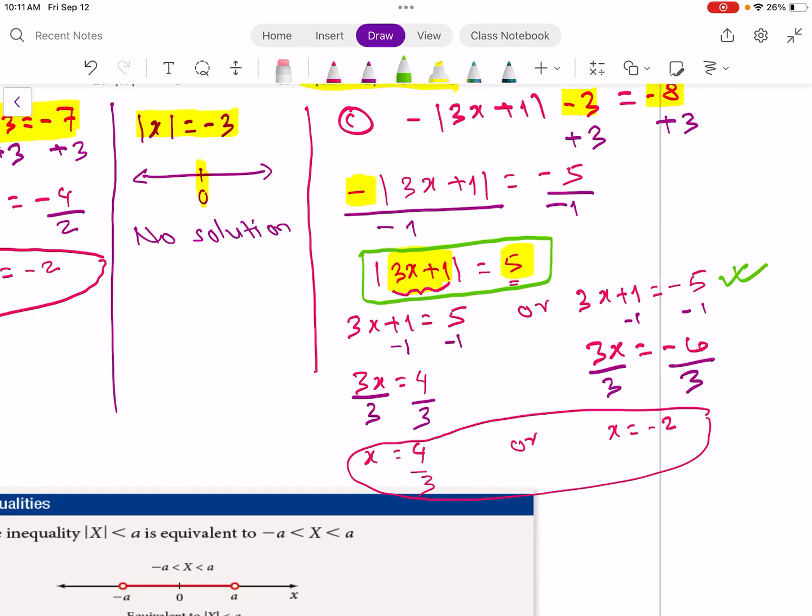Do not forget, always two equations. The only difference is that on the right side you have a positive number, and in the other equation you have a negative number. The expression on the left side remains the same. So this is how we solve an absolute value equation. Any question on this part?